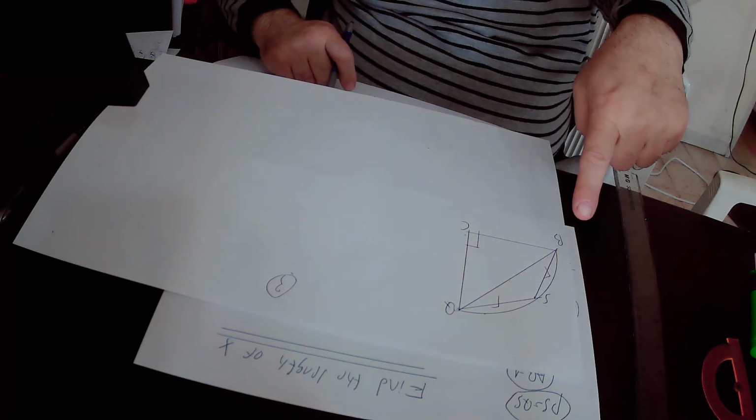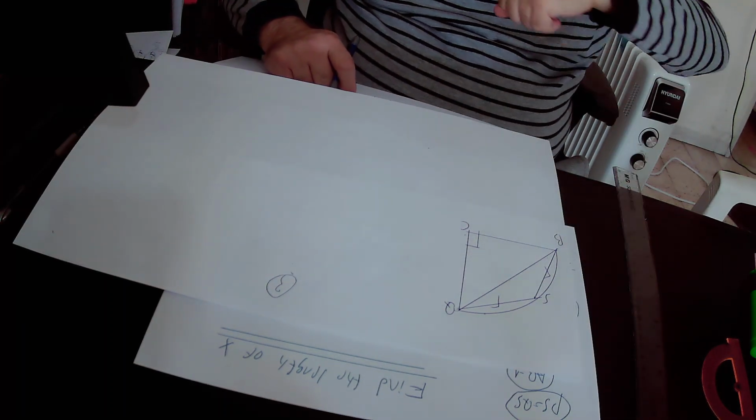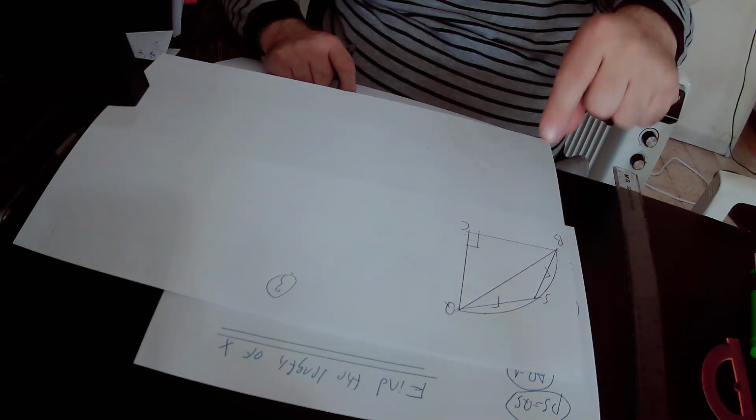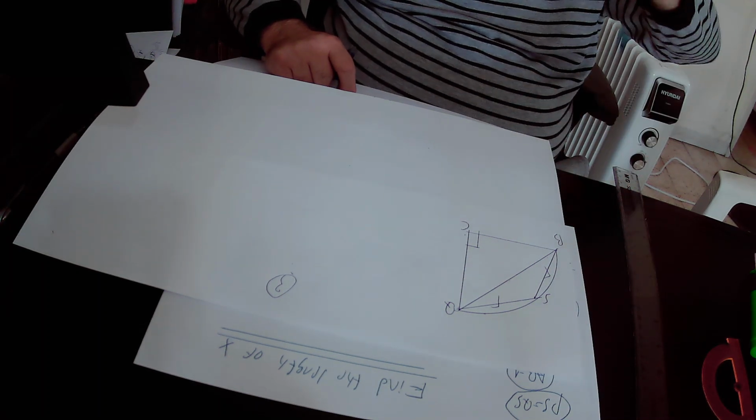We have already found out that SQ equals SB. They are both the radii of the previous circle, therefore they are equal to each other.